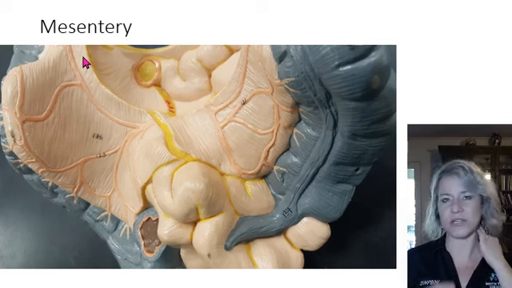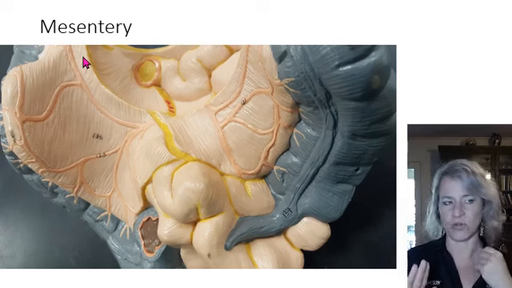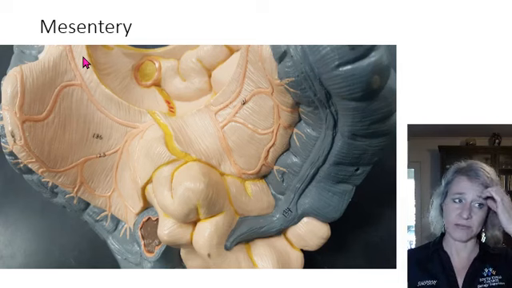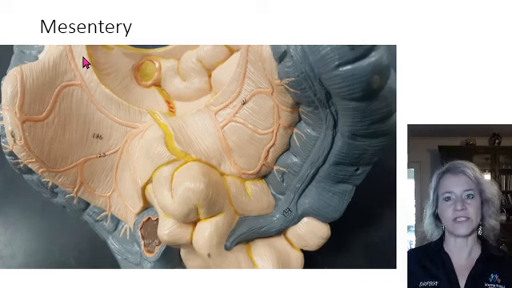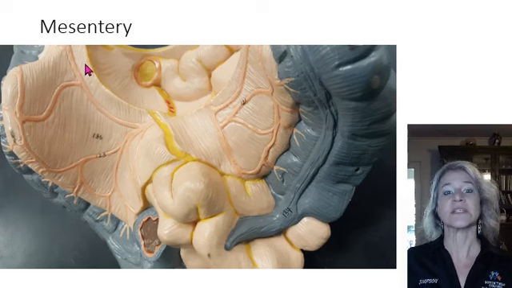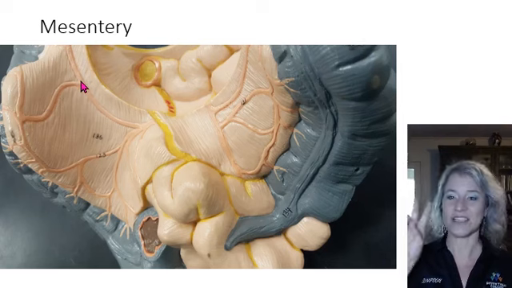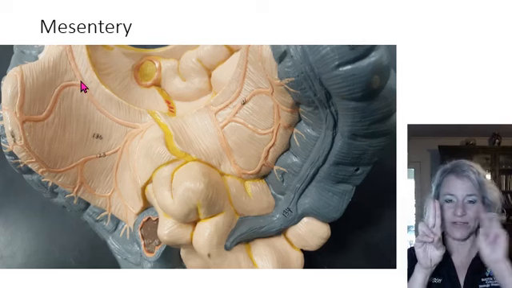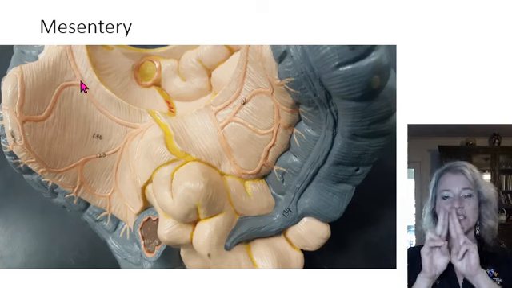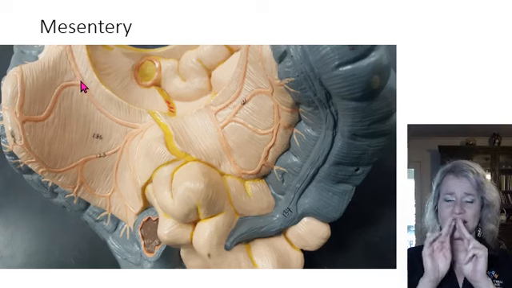Since I'm telling you it is a double fold of peritoneum, how many layers is it? You should have said 4 layers, because you've got the visceral and the parietal of one and the visceral and parietal of the other. So it's a double layer. It's pretty thick because it's got 4 layers of membrane.